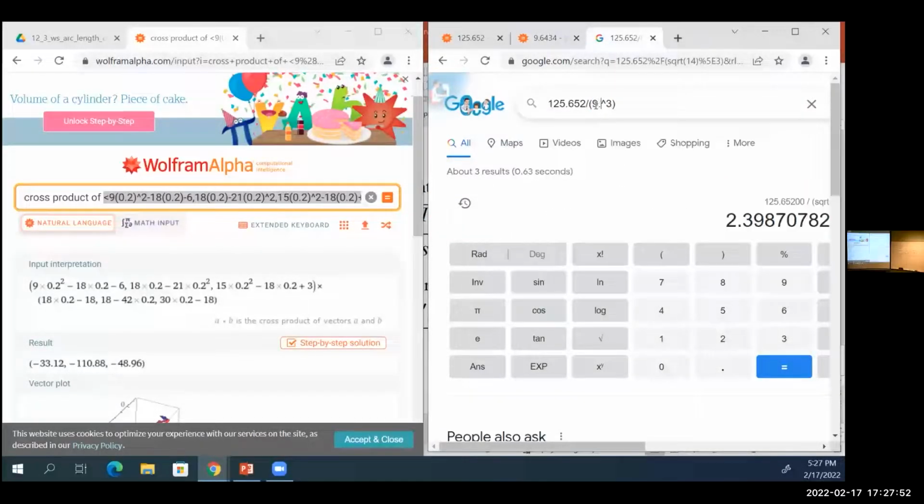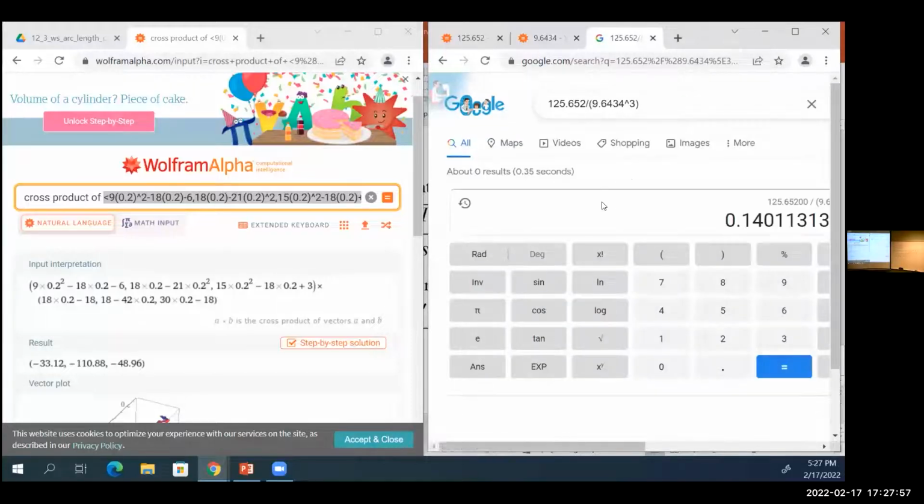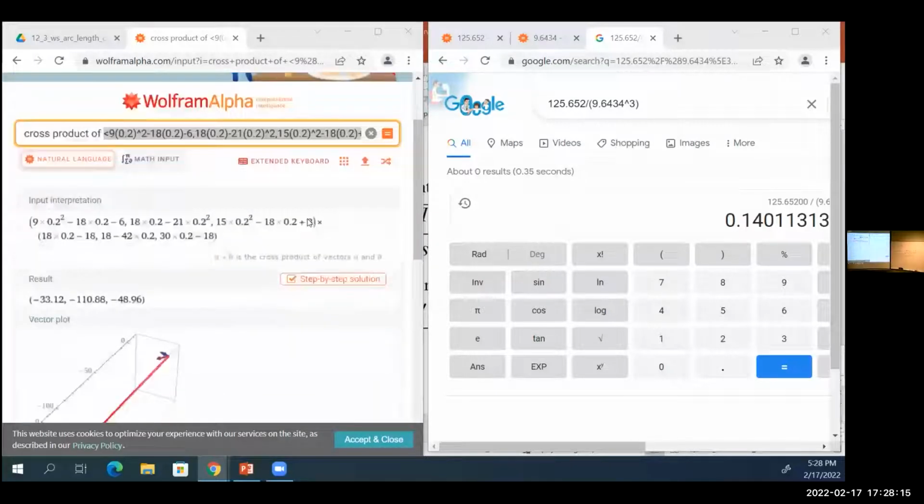I get 0.140. That's what we should get. Yeah, that's the right answer. Not sure what happened that first round. Oh, yeah, this is 2 pi over root 5, the other form. So, okay, we got that working. I'm not sure where the error was, but that's okay.